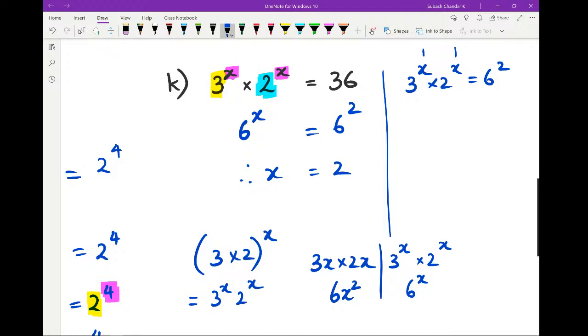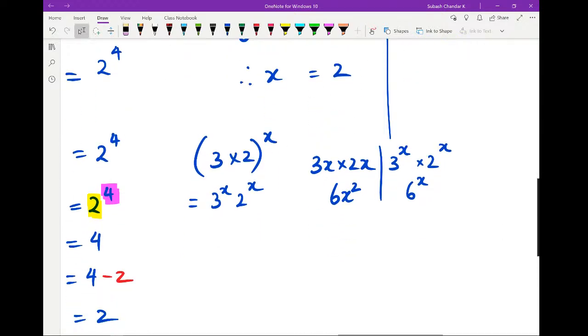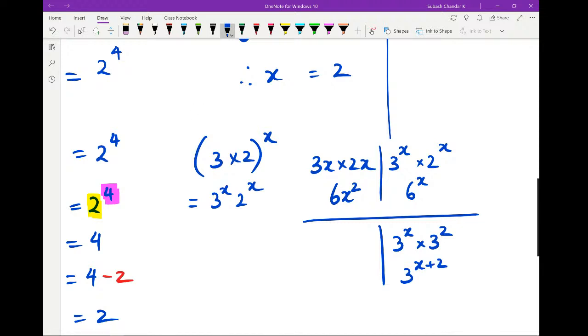Okay, I know where your misconception is coming from. You only add the powers if the bases are the same. So if you have 3 to the power of x times 3 squared, then you would go 3 to the power of x plus 2. That's because the two bases are the same.